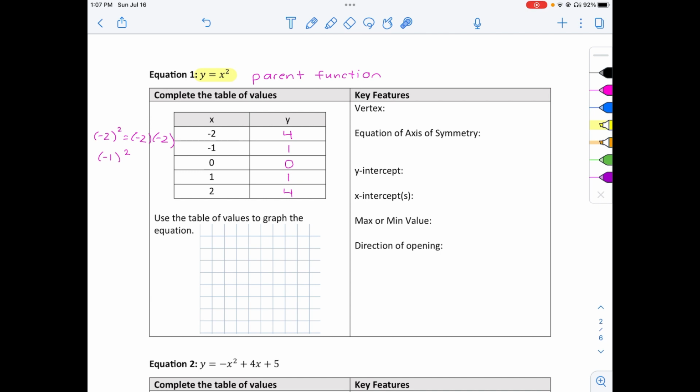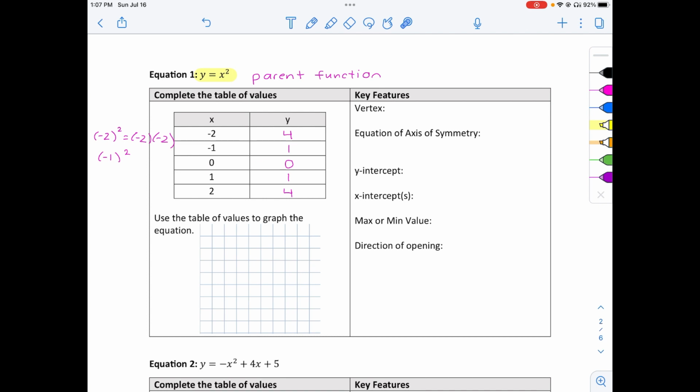We recall that I mentioned a parabola is always symmetrical, and it's symmetrical about the axis of symmetry, which goes through the vertex. So in this case, our vertex is 0, 0, and the curve would be symmetrical on either side of that.